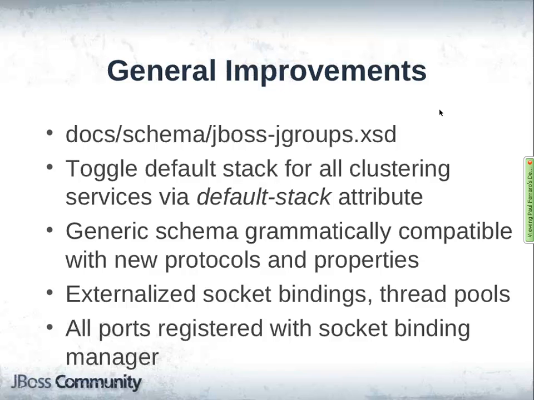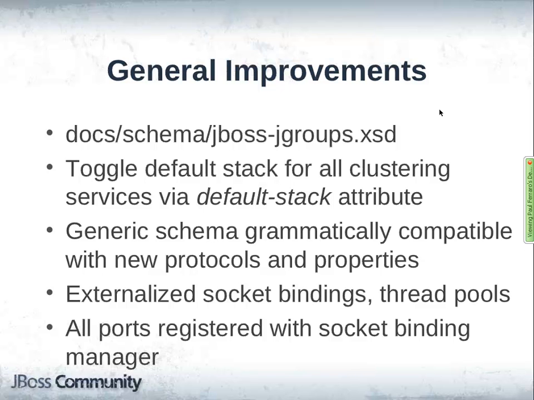I mentioned already the generic schema and the advantages to that. We externalize socket bindings, so all the socket bindings are stored in one place. If you're starting multiple servers on a machine, you can utilize the port offset and get all of that logic for free. We also externalize thread pools, which I'll talk about a little later.